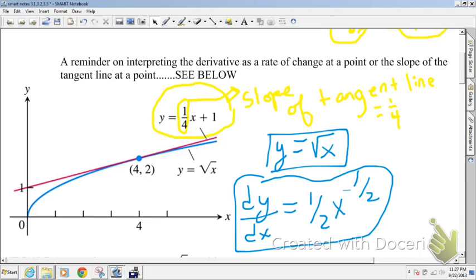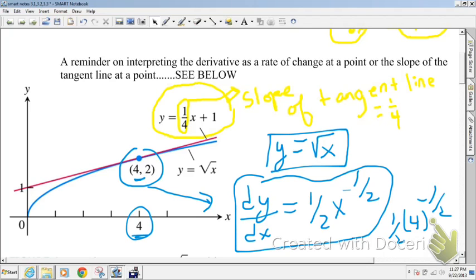But notice, if you evaluate the derivative at the given point x equals 4, what is 1/2 times 4 to the negative 1/2 power? Well, 4 to the negative 1/2 really means 1 over 4 to the half, which is 1/2, and 1/2 times 1/2 is 1/4.